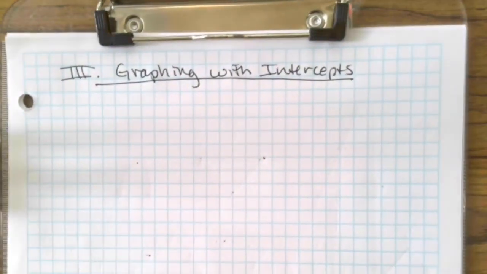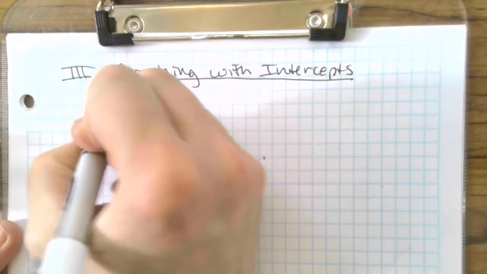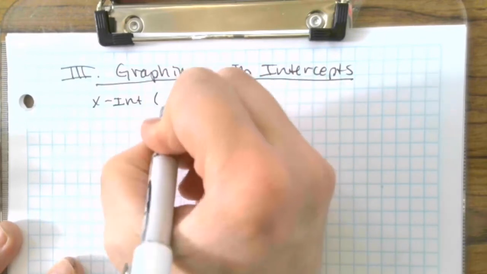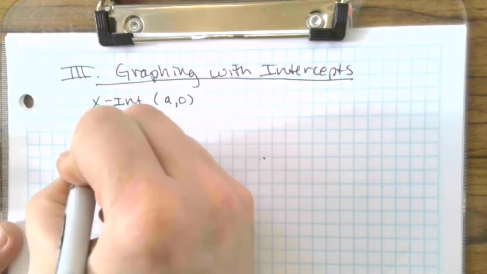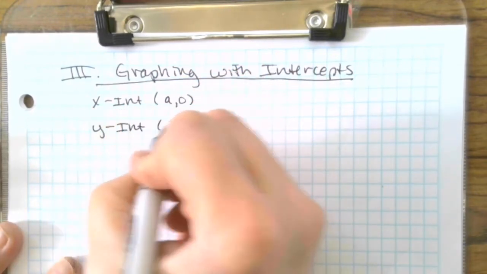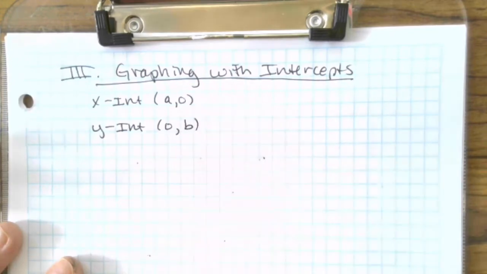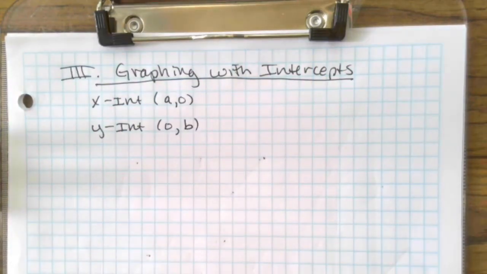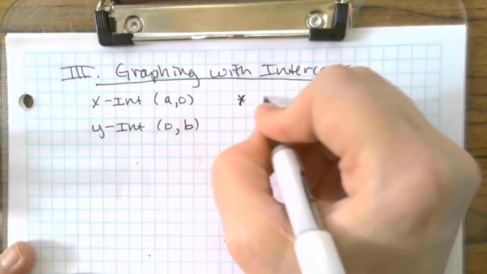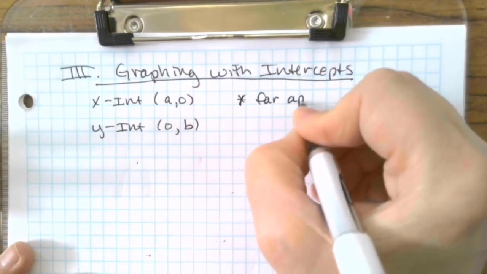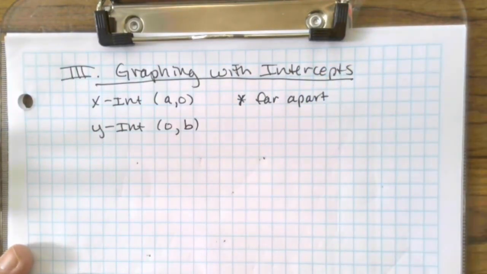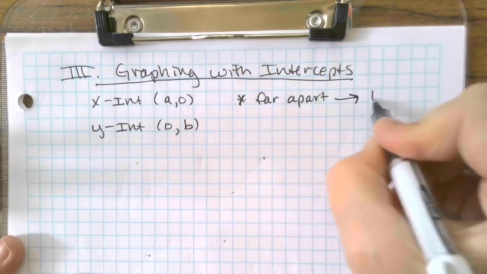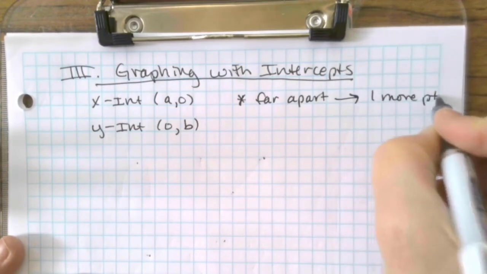When you graph with intercepts, basically you need to find the x-intercept, which is some number comma 0, and you need to find the y-intercept, which is 0 comma some number. If the intercepts are far enough apart to get a decent line, you're done. If not, you need one more point.